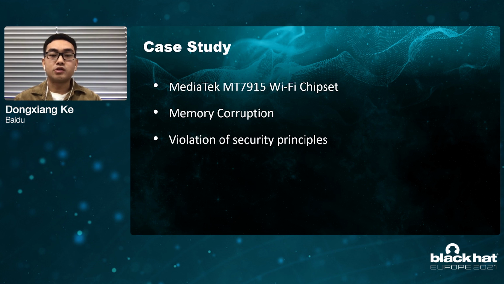Vendors often introduce such vulnerabilities when implementing Wi-Fi mesh protocol stacks, such as stack overflow and heap overflow. Secondly, vulnerabilities that violate security principles, mainly the safety principles defined in the EasyMesh standard. For example, the backhaul link and the fronthaul link need to be isolated in a Wi-Fi mesh network.